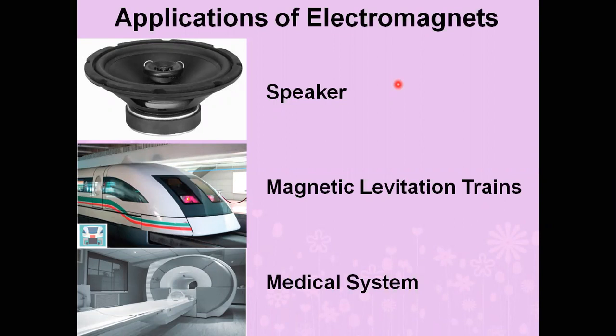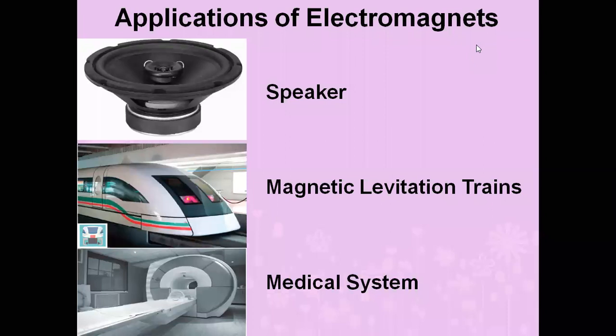So these are the applications of electromagnets. So unit 5, magnetism and electromagnetism, is over. The previous unit contains electric charges, how to measure electric charge, electric force, electric field, electric potential, direction of current, electromotive force (EMF), potential difference, and resistance. This is the fourth unit.